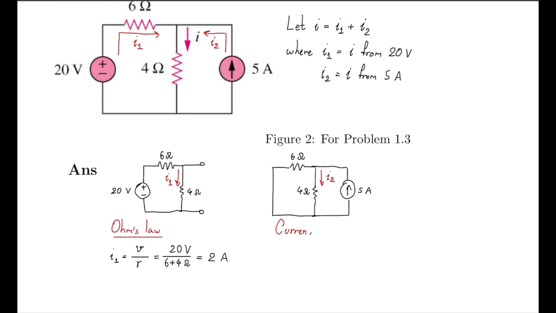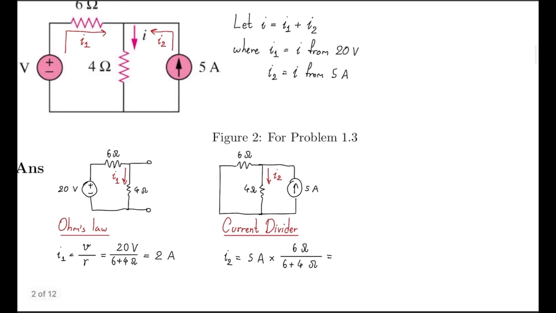Hence, we can use the current divider formula, which states that for a circuit with two parallel resistors and a single current source, the current over one of the resistors is given by the current from the source times the resistance of the opposite side, divided by the total resistance of both resistors. In this case, the current from the source is 5 amps, the resistance on the opposite side is 6 ohms, and the sum of resistance is 10 ohms.